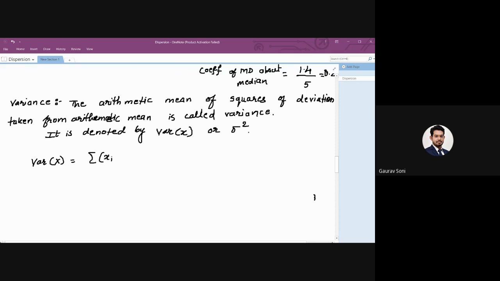And this will be the formula for which type of data? Raw data.